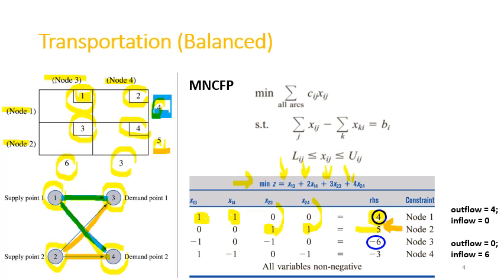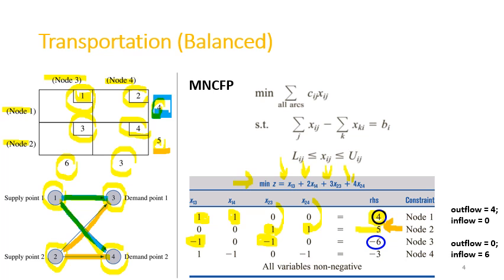And then for node 3, we see that node 3 has nothing going out of it. It has things going in from node 1 and from node 2. Because things are going into this node, we put minus on the corresponding variable.